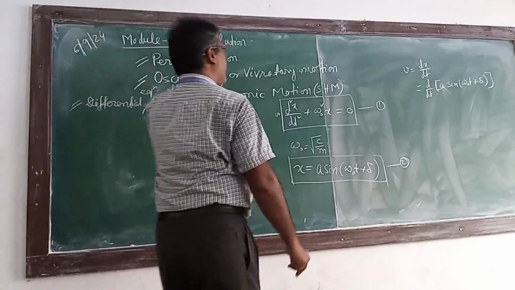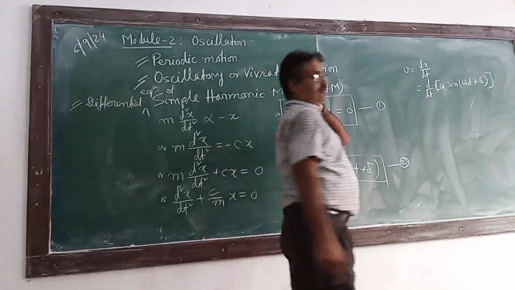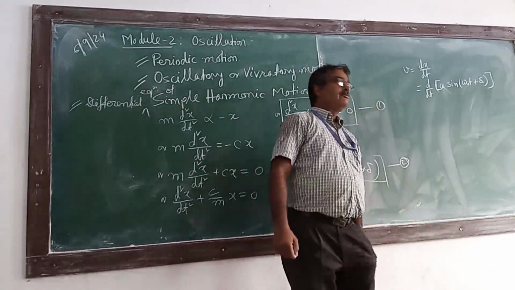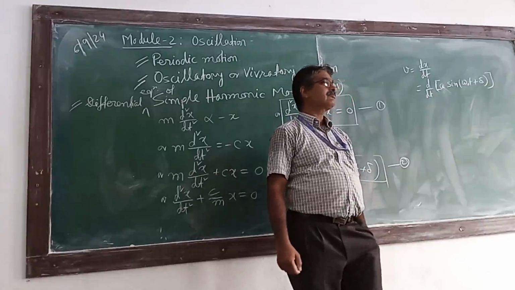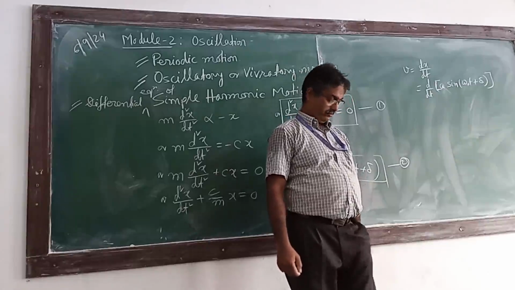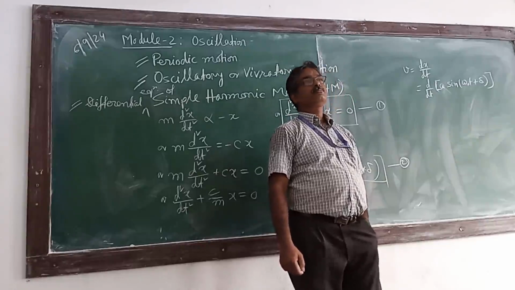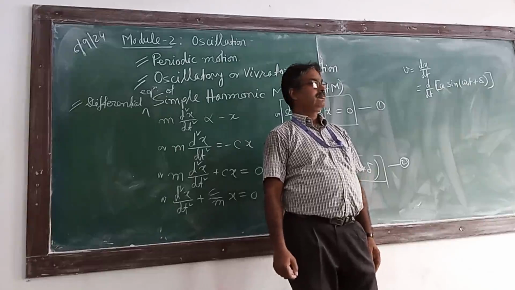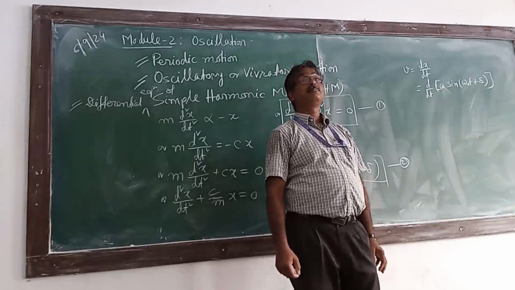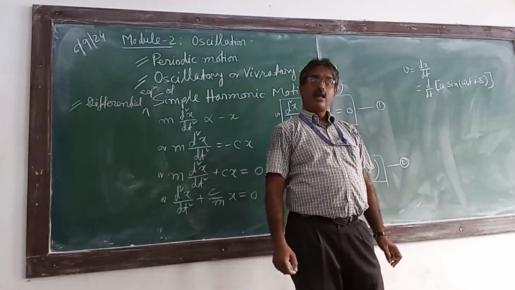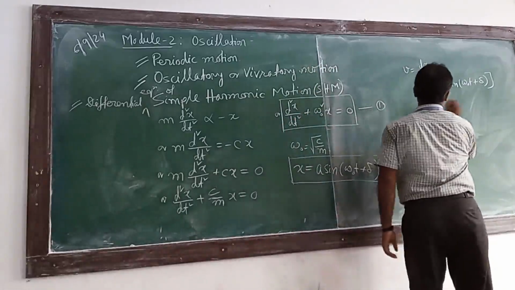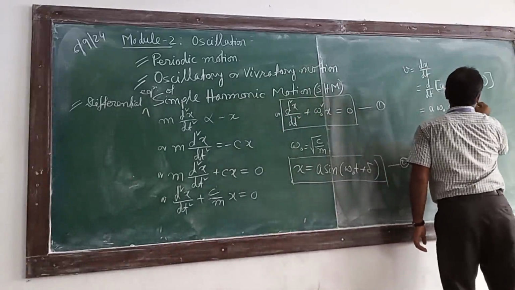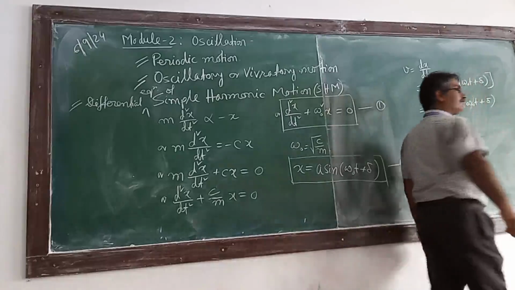So this is equal to a omega naught cos(omega naught t plus delta).